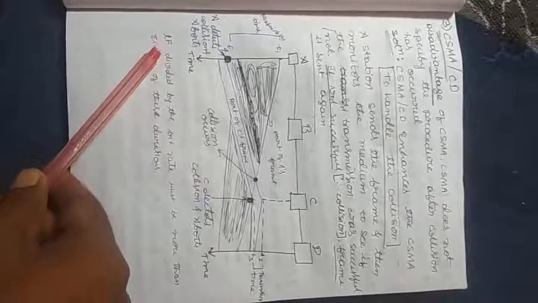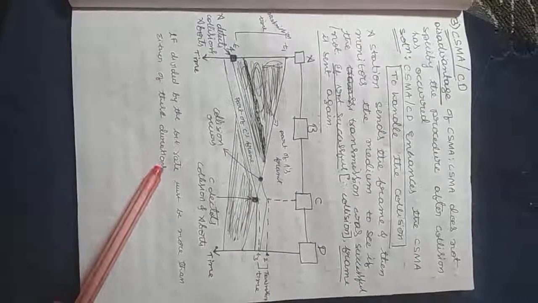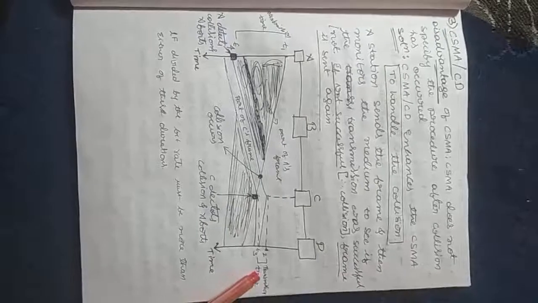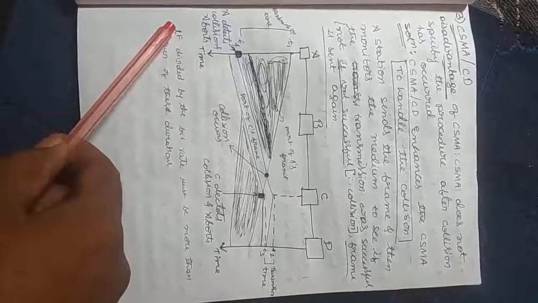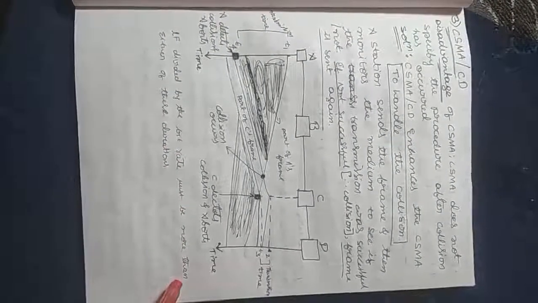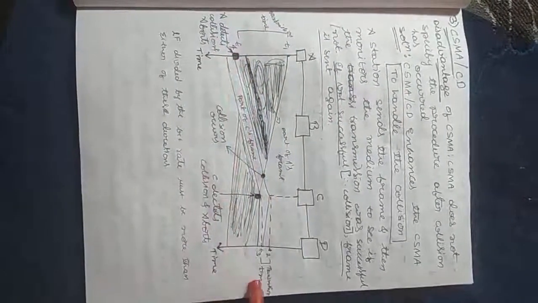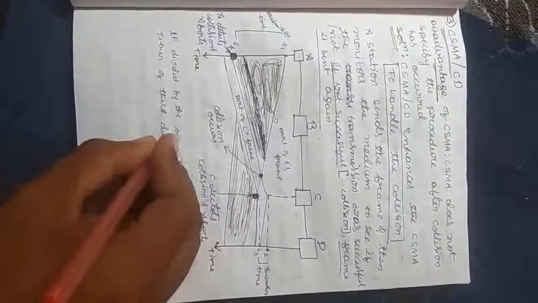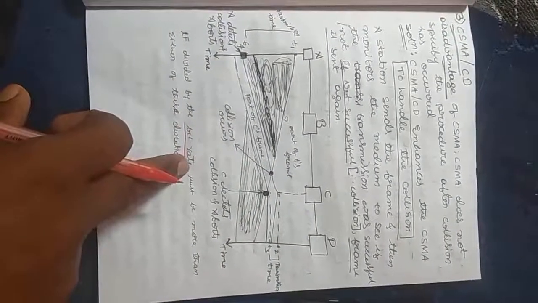Here the full length of the frame divided by the bit rate must be more than either of these durations. That means the frame transmission time must be longer than the transmission time of either one.